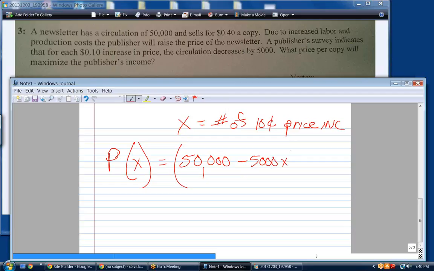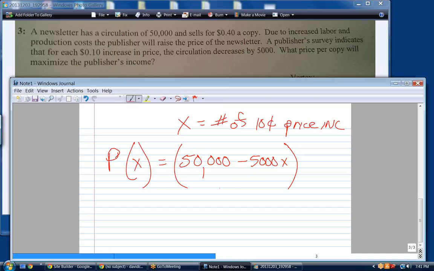So there's our circulation. In other words, if X is 1, we're going to lose 5,000 customers. And we're going to increase the price to 50 cents a copy. If X is 2, we're going to lose 10,000 customers. But we're going to increase the price to 60 cents a copy. Okay.